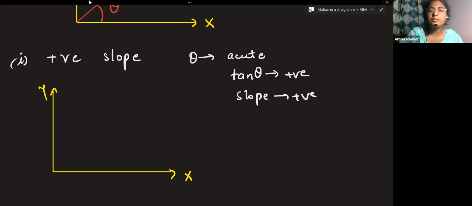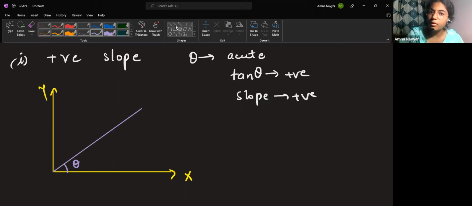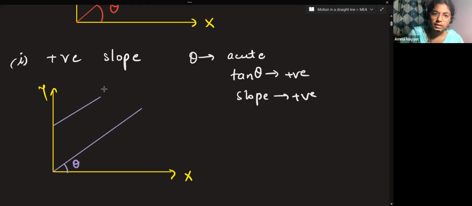The kinds of slopes that you get are these slopes with angle theta, and it is not necessary that it has to start from the origin. This is also a positive slope because this angle, this is how you check the angle. This angle is an acute angle, so this is also positive.